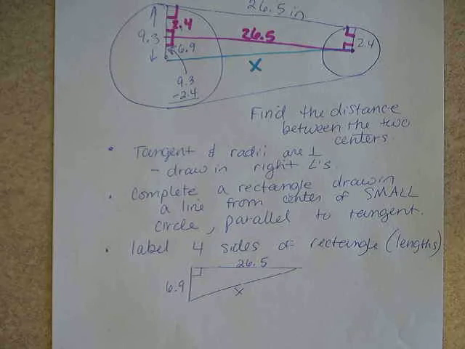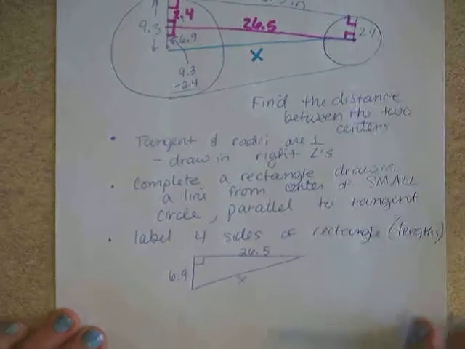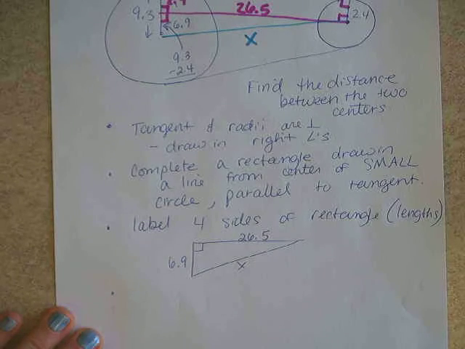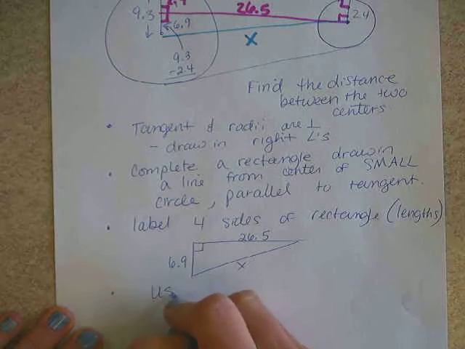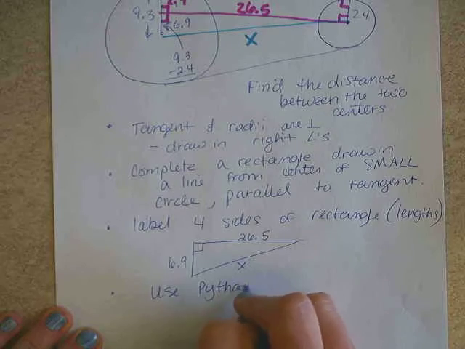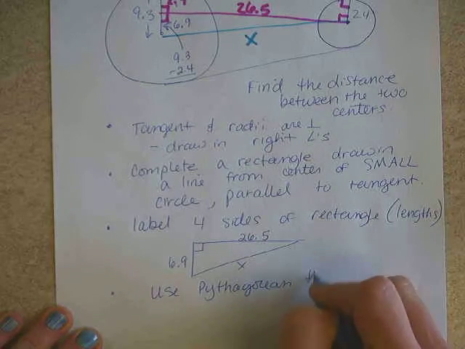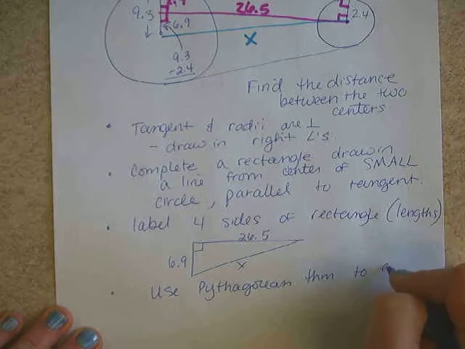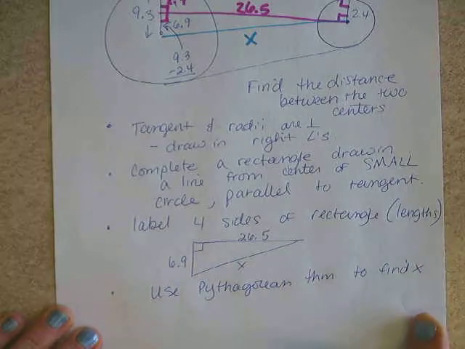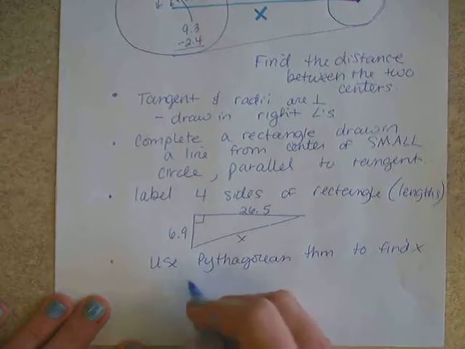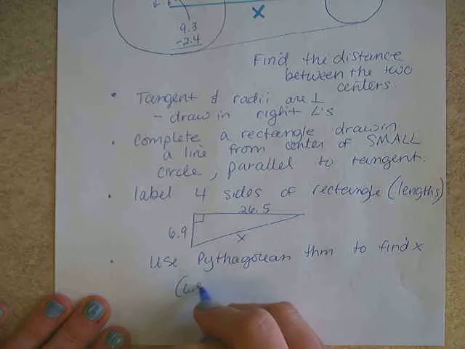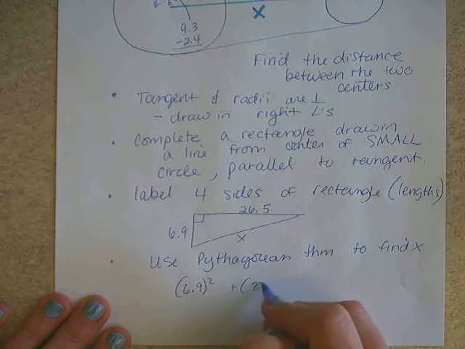I just straightened it out a little bit. That's why you want your right angle showing here. How can I use this to find x? Use the Pythagorean theorem to find x.